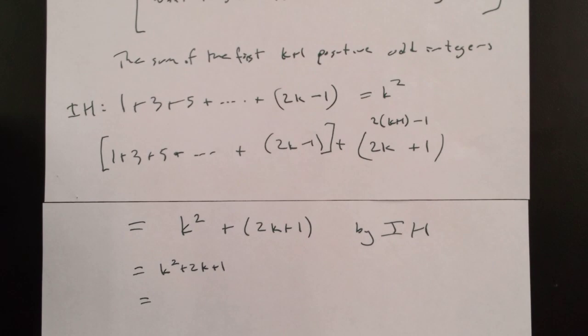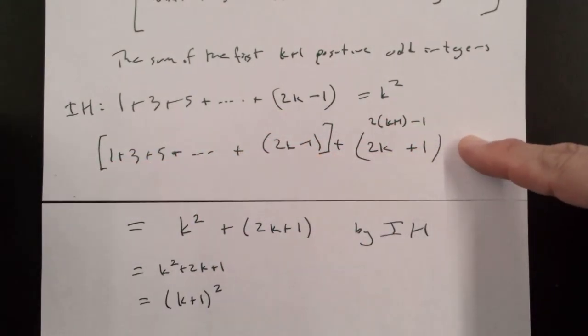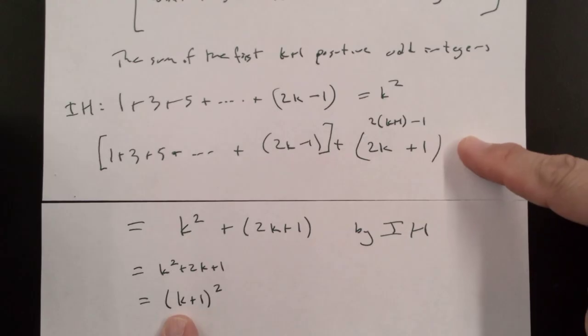What is it? Hey, wait a second. The sum of the first k plus 1 positive odd integers is k plus 1 squared. Isn't that what I wanted to show?